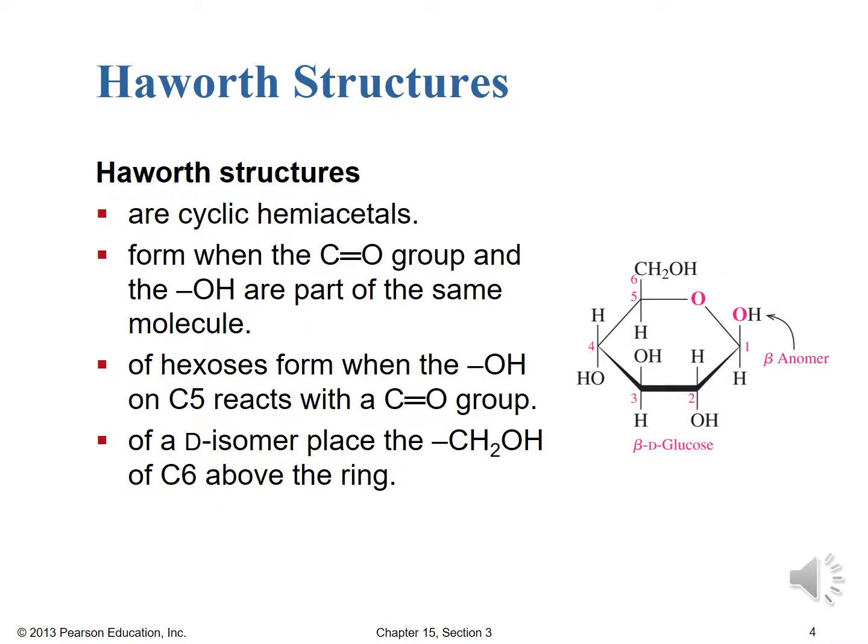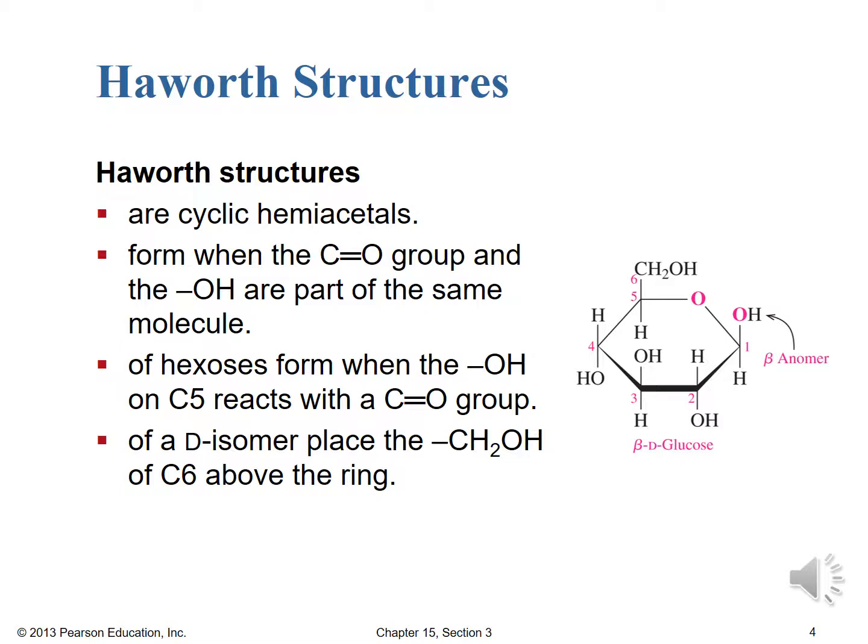Okay, so more about Haworth structures. They are cyclic hemiacetals, and there we see a more common representation. On the previous slide, we were showing you how to get to the Haworth structure, and now you're seeing the Haworth structure in its more usual form. They form as a result of that carbonyl group being attacked by the OH group from later on in the same molecule. When we have a hexose, we have the OH group on carbon 5 react with that carbonyl group, which is on either carbon 1 or carbon 2.